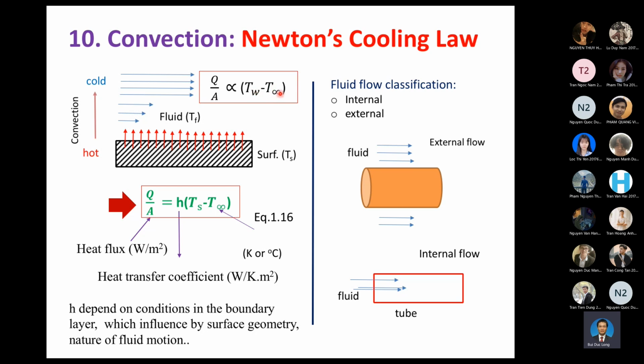T infinity means the temperature of the environment very far from this surface, because the temperature near the surface is different from far away, so we call it T infinity.